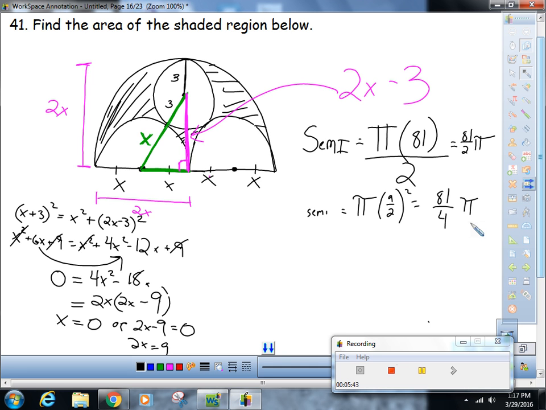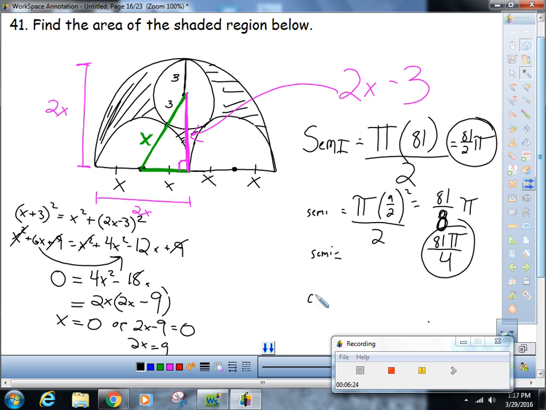So we're going to multiply that by 2. Uh-oh. No, I never divided it by 2 in the first place. That's right. Okay? So then I have to double that. So the area of the little semicircle is 81 pi over 4.